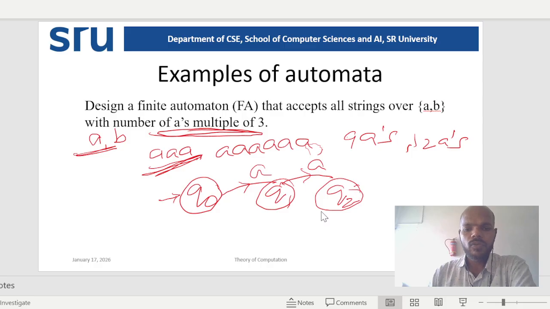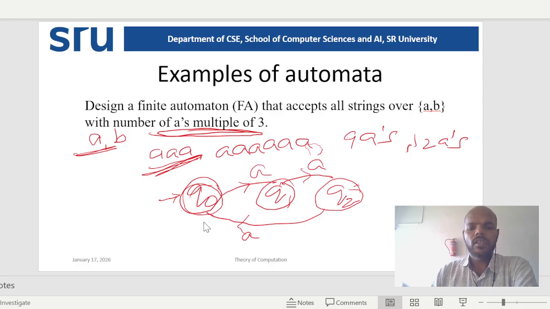Now you can make like this also, or else you can make one more state. You can make this is the final state. 3 you can iterate like this, or else you can do Q0 Q1 like this also. So starting state is a final state, right?